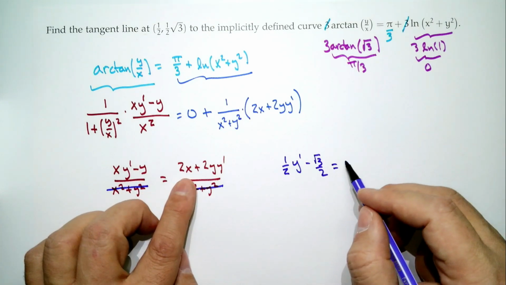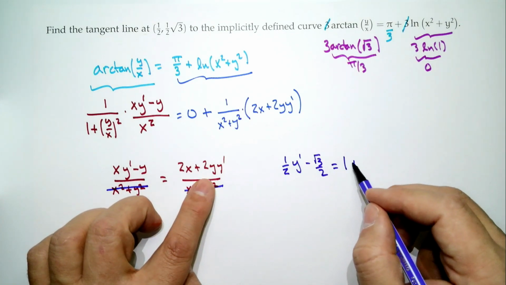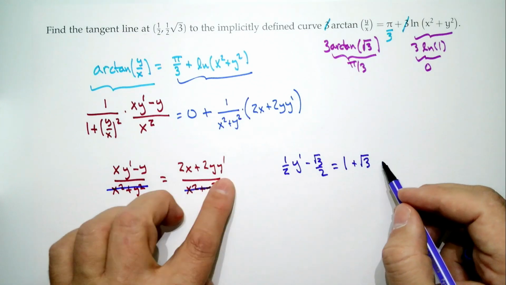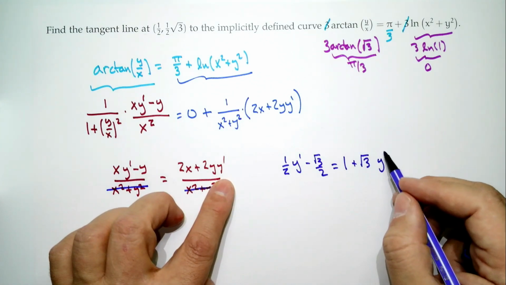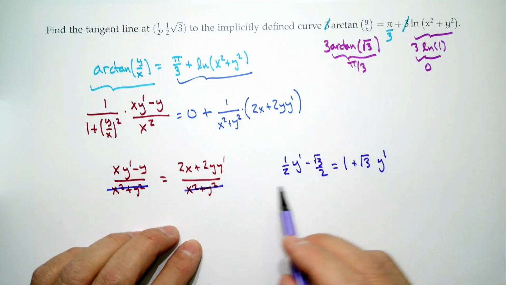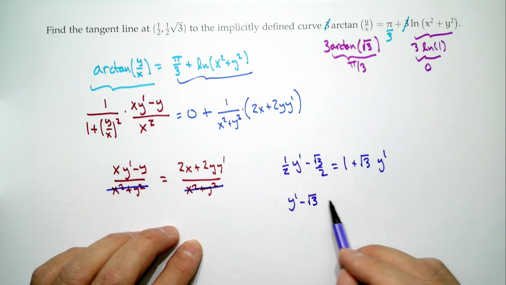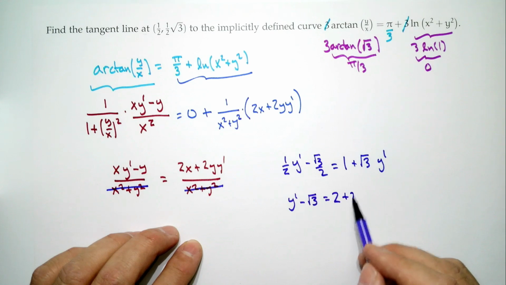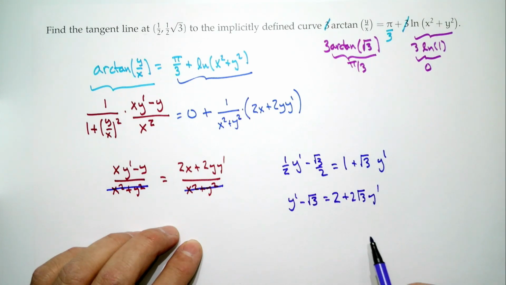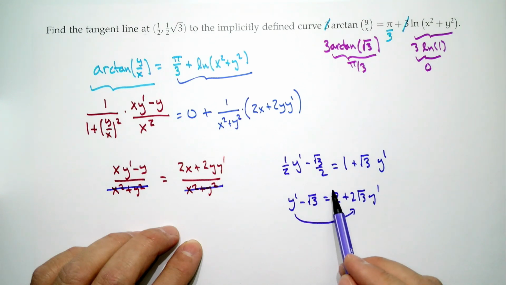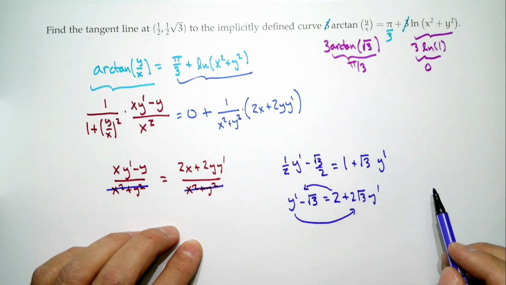equals 2x, 1, plus 2y, square root of 3, and then times y prime, because I don't know what y prime is. I'll go ahead and multiply through by 2 on both sides, just so I get rid of all my fractions. So 2 plus 2 root 3 y prime. And now you do a little bit of rearranging, put all the y primes together, put all the things that aren't y primes together.